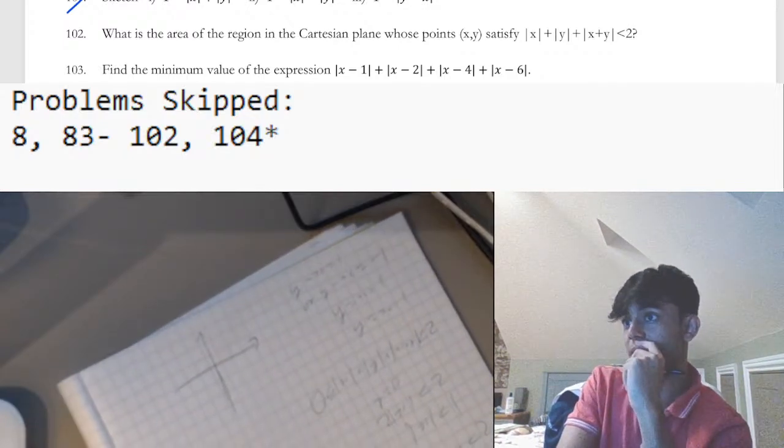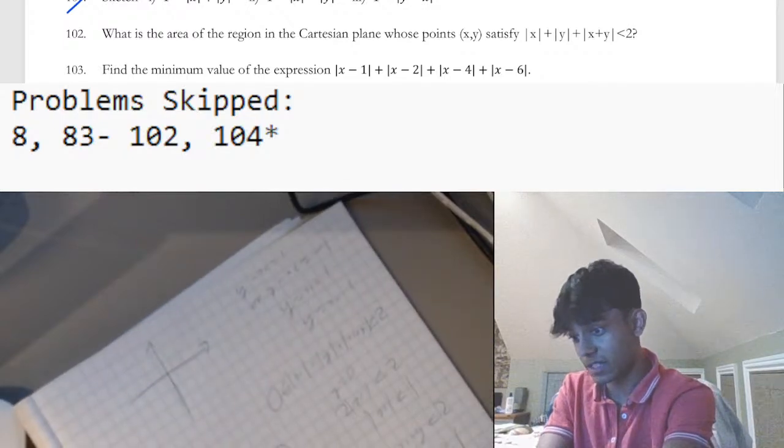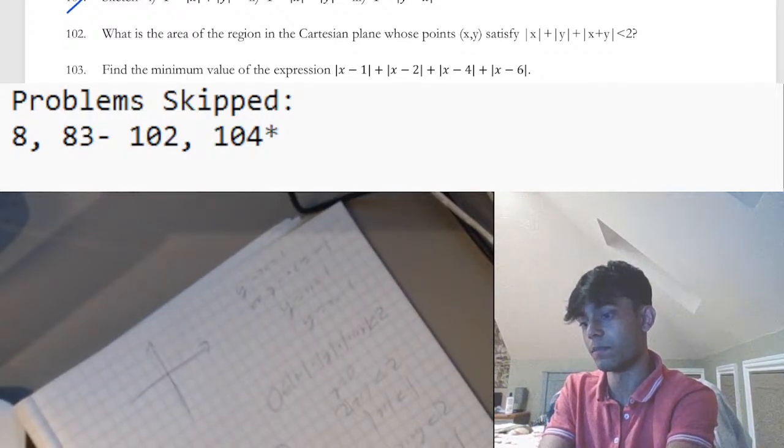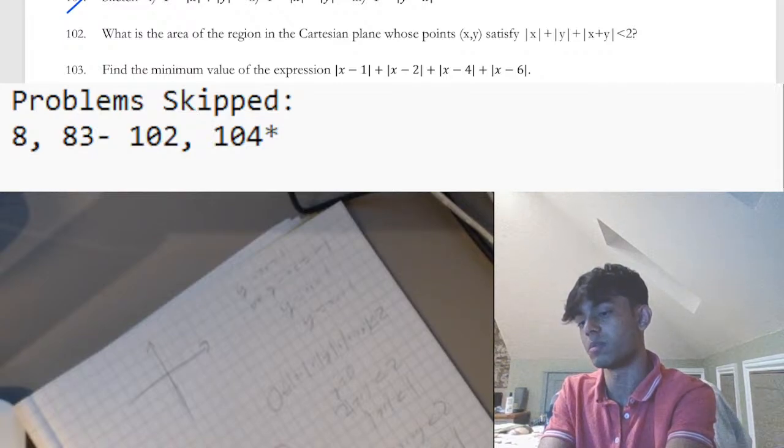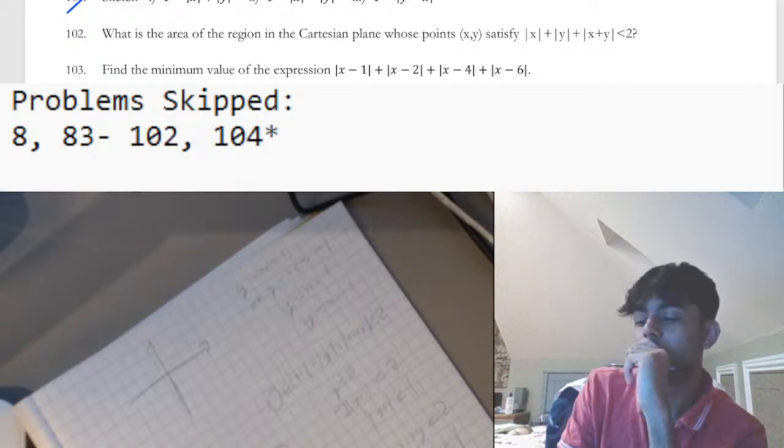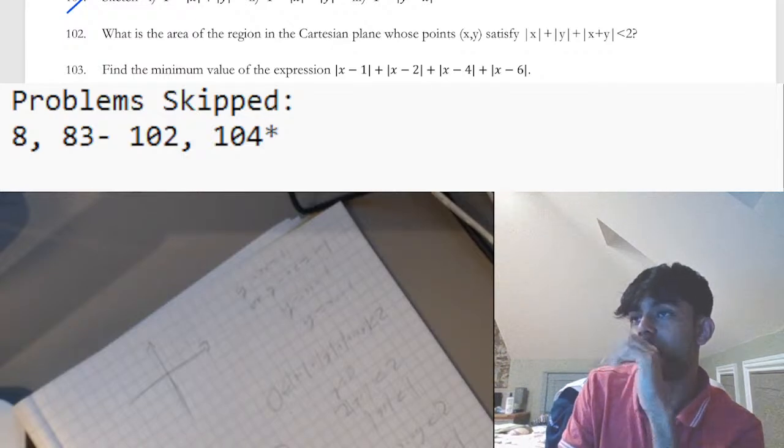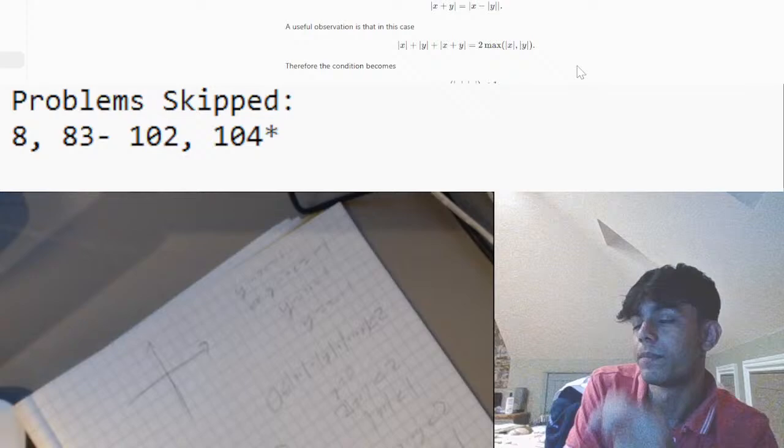You get that, and then let's say x is bigger than 0, y is less than 0. You have x minus y plus mod x plus y is less than 2. And then wait, what was it saying?